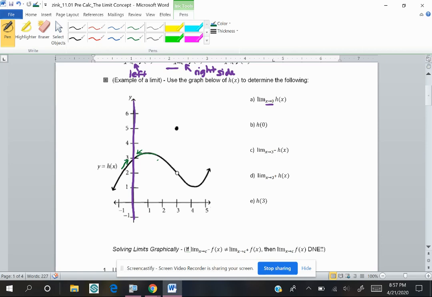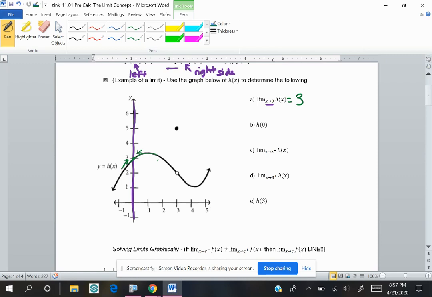What y value are we approaching? Again, we're going to 3. So as you come at that purple line from the left and the right side, they're both coming to the same point, a y value of 3. So that limit is 3.